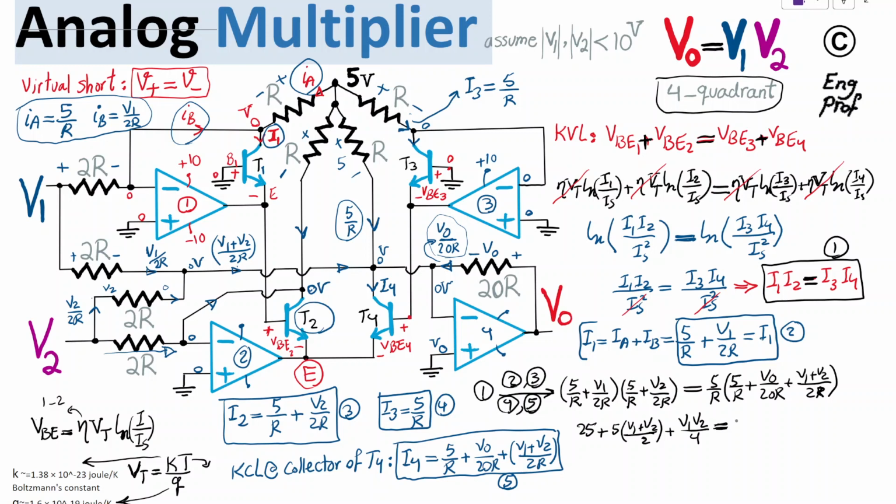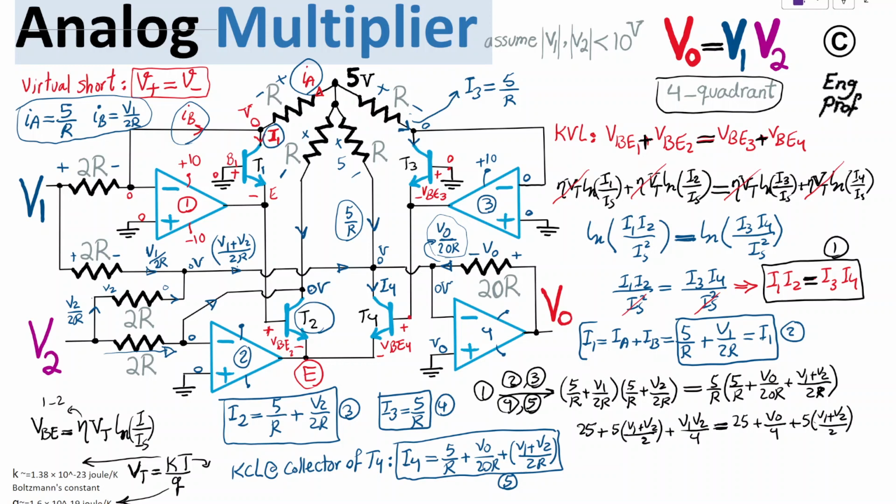And then on the other side I'm getting 25 plus V out divided by 4 plus V1 plus V2 divided by 2, or 5 times V1 plus V2 divided by 2.